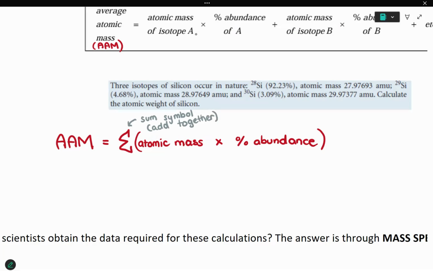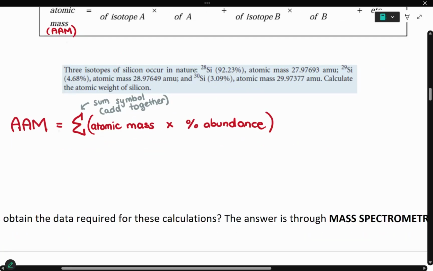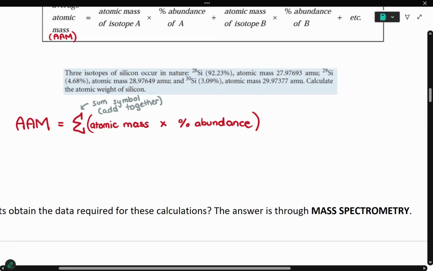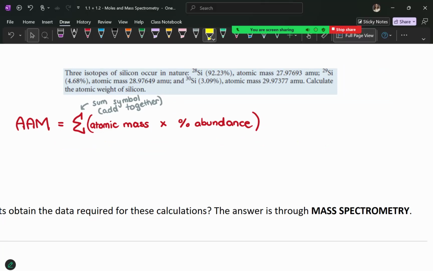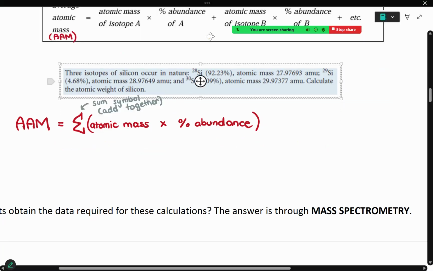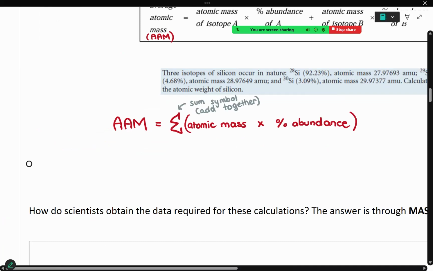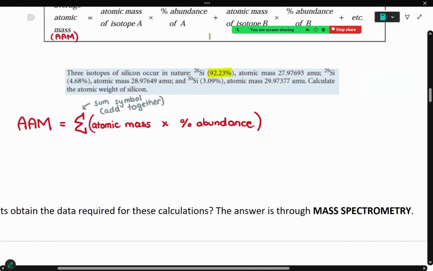So as an example, we have 3 isotopes of silicon that occur in nature: silicon 28, silicon 29, and silicon 30, with given percent isotope abundance. So we see here that silicon 28 has an atomic mass of 27.97693.